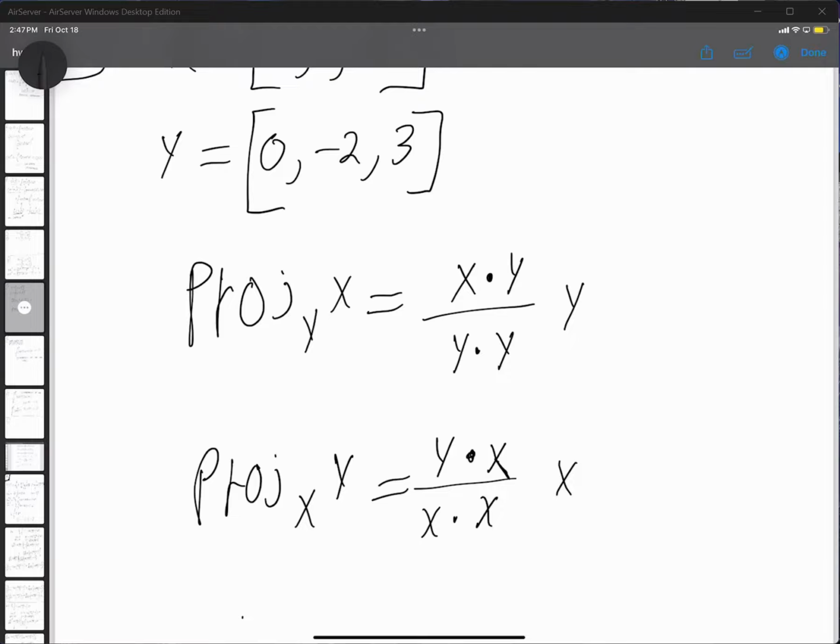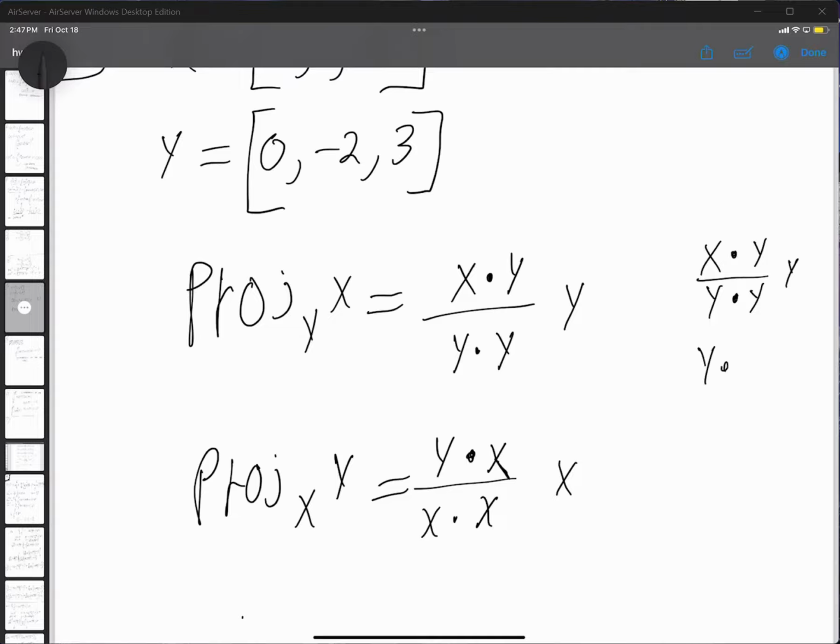X will be, so it's easy to remember, you'll have x in the corner, and then you're basically replacing everything else with the thing you're trying to put onto said vector. You're projecting y onto x, it'll be all y. But if you're projecting x onto y, then you swap them, like so.